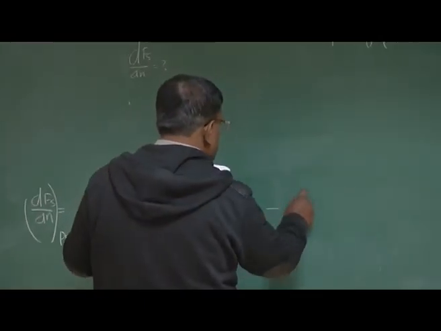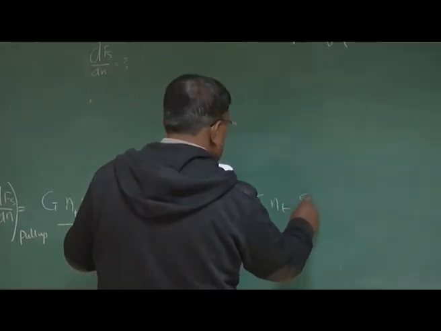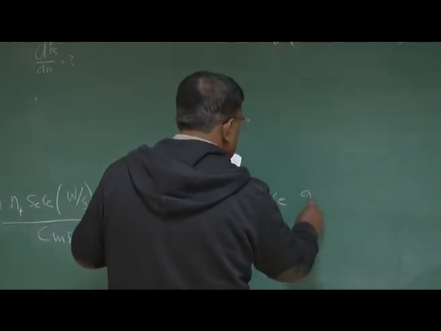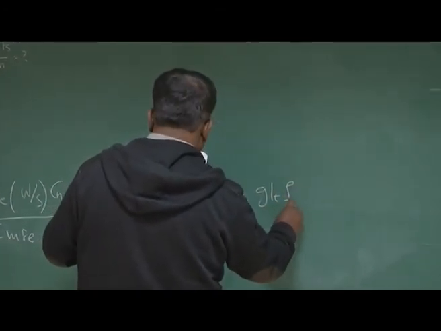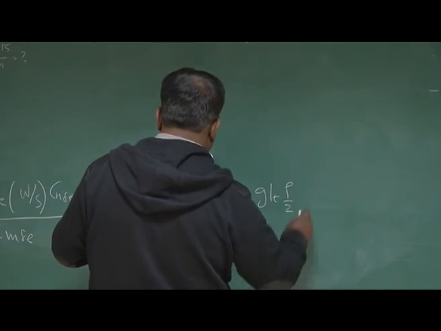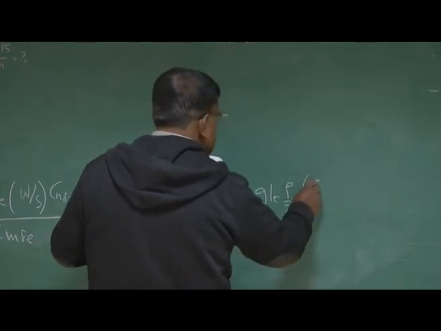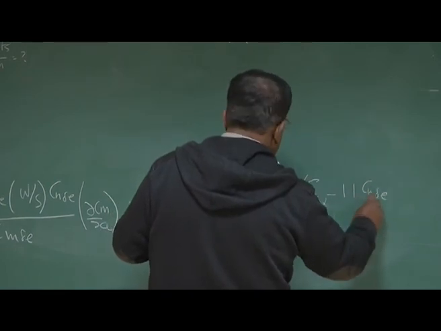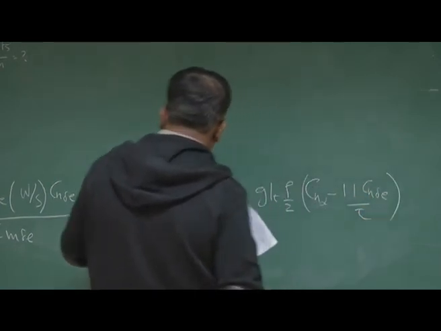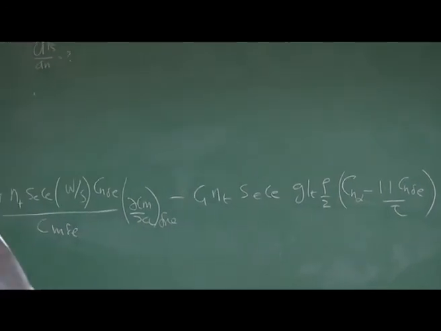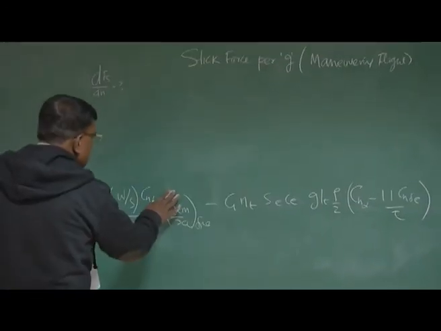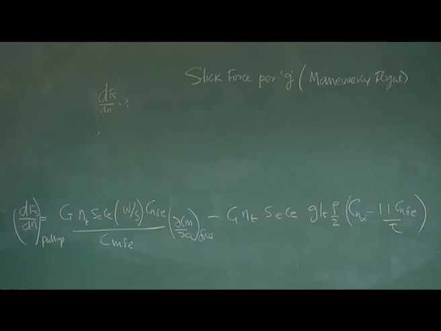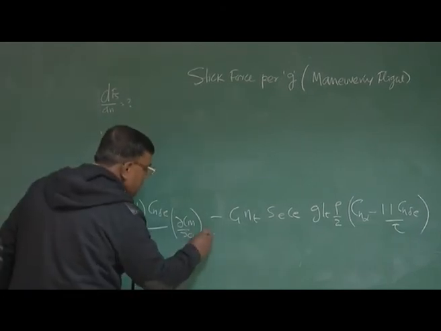then minus G N T AC C G LT rho by 2 to CH alpha minus 1.1 CH delta E by tau. This will be the expression for dFs by dN, and this is dCm by dCl free.